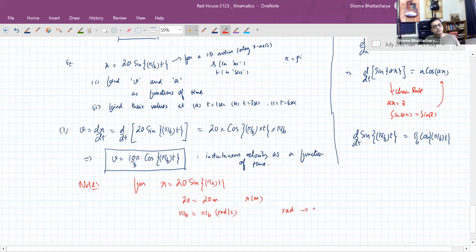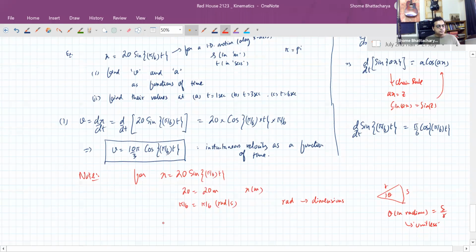It is a dimensionless quantity. It's a fraction, because angle in radians is defined as arc upon radius. If you express an angle in radians, it is just the ratio of two things expressed in the same unit, so it is unitless. Whereas when we convert it to degrees, it's not unitless.